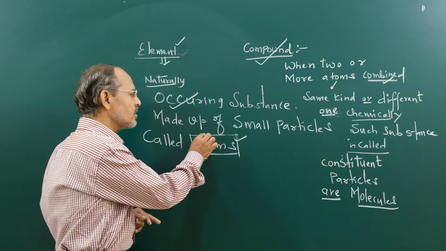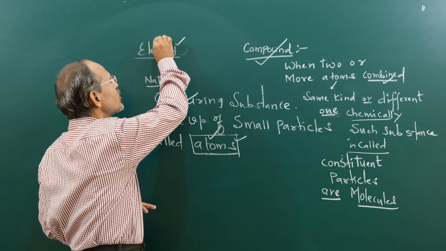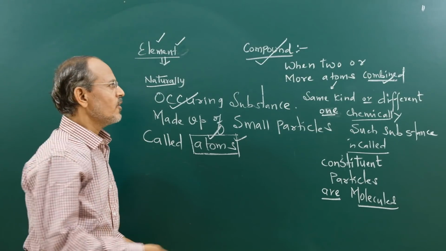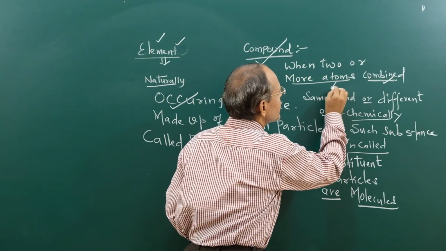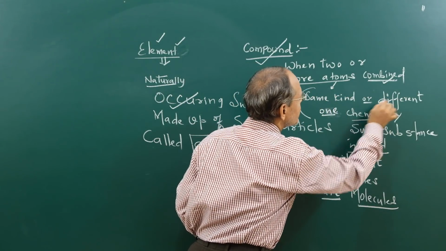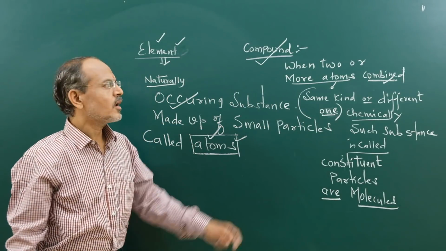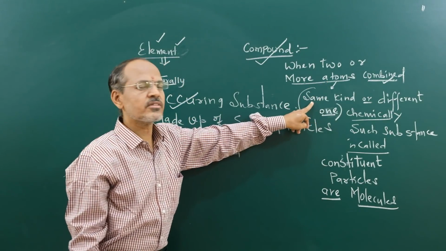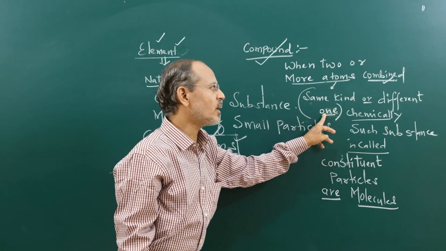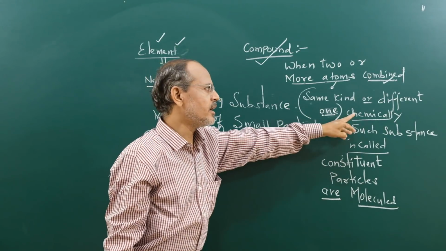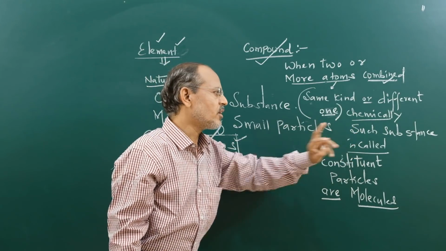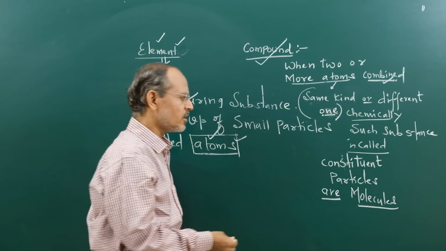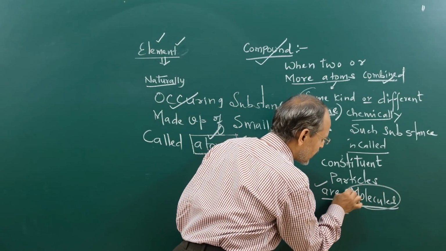That means atoms are the constituent particles of an element. Like that, when two or more atoms, either of the same kind or of different ones, combine chemically, then such a substance we call a compound. And the constituent particles are nothing but molecules.